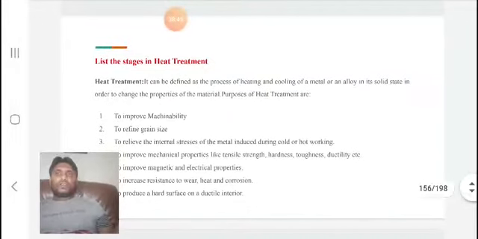So heat treatment can be defined as the process of heating and cooling of a metal.